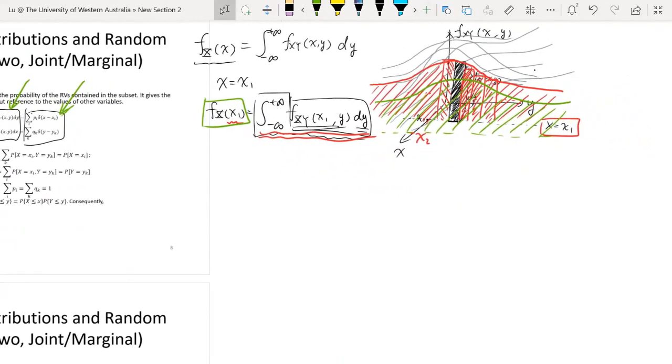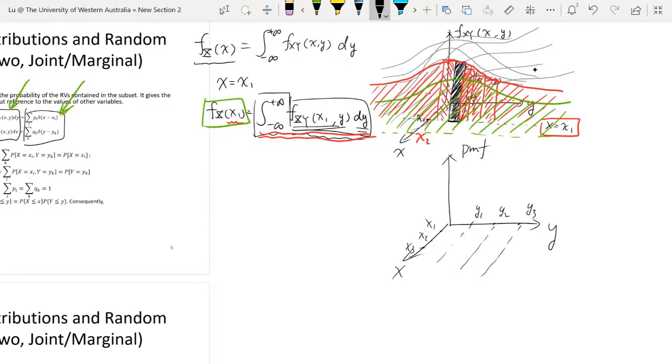Very similar. So we just have our x, y, and the joint PMF here. At some particular points, for example, x1, x2, x3, y1, y2, and y3. Because we have discrete random variables x and y, at discrete points we may have some impulses in the joint PMF.